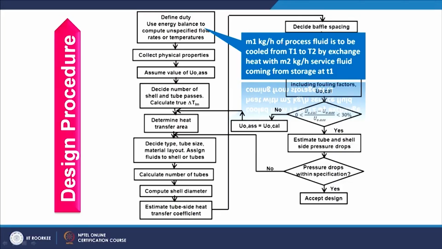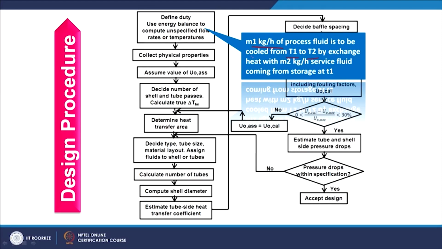So, let us start with the first step, that is define the duty. To define this duty, we should understand what the known parameters are. The problem of shell and tube heat exchanger design goes as: m1 kg per hour of the process fluid is to be cooled from T1 to T2.